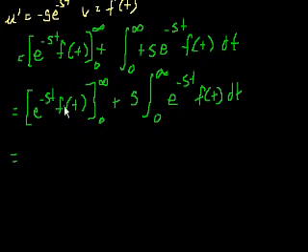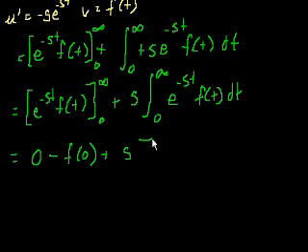So if this grows slower than this shrinks, then this whole expression will approach 0. And then you want to subtract this whole expression evaluated at 0. So e to the 0 is 1 times f of 0. So that's just f of 0. Plus s times, we said this is the Laplace transform of f of t. That's our definition.